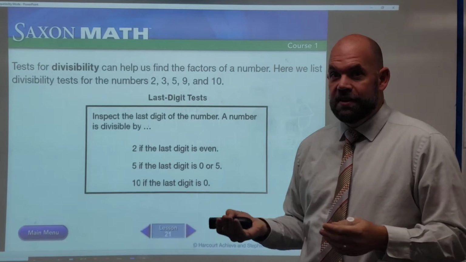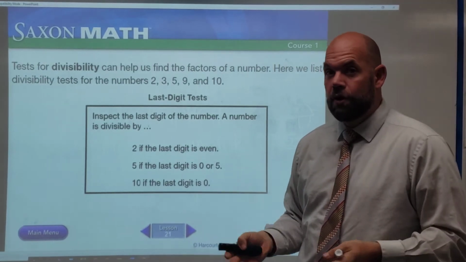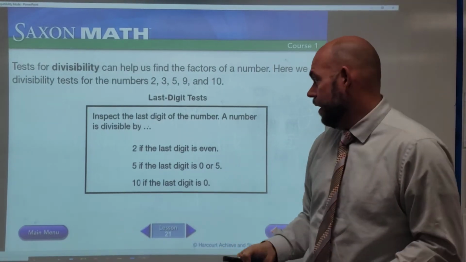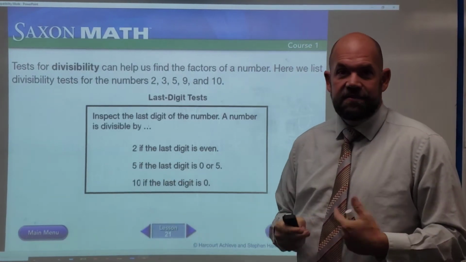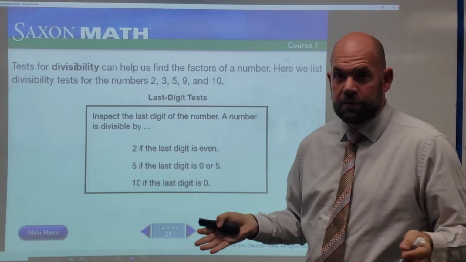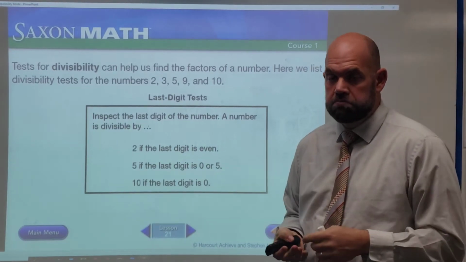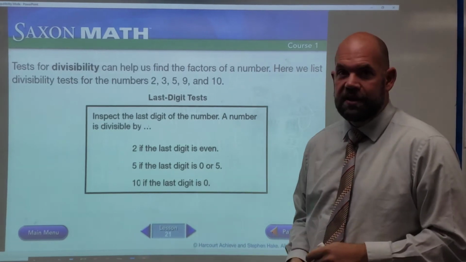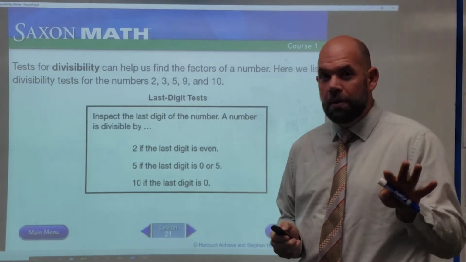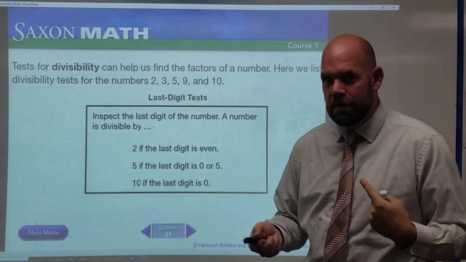If the last digit is a 0, like 30, we also know it's divisible by 5. For 10, the last digit must be 0. So any number like 3,000, 30, or 60 is divisible by 10 because the last digit is 0. You probably already knew those, even if you haven't really thought about it.